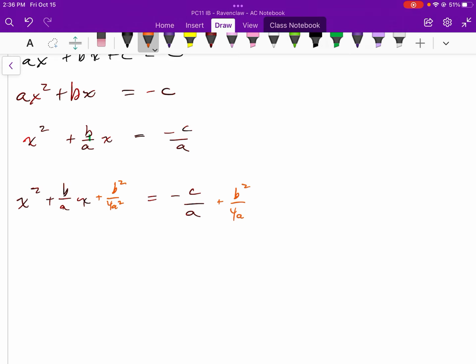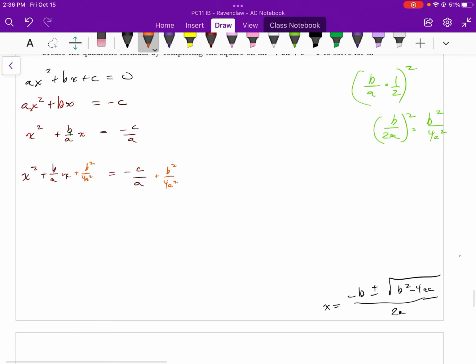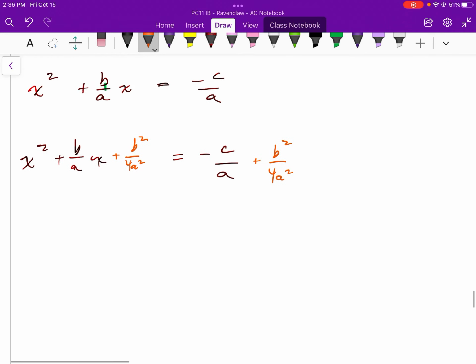Now, right about here, we're starting to get a sense of how our equation is shaping up. Remember, I'm trying to shoot for something to look like this. So I'm going to continue the process. I'm going to factor the left-hand side. And that factors into x plus b over 2a.